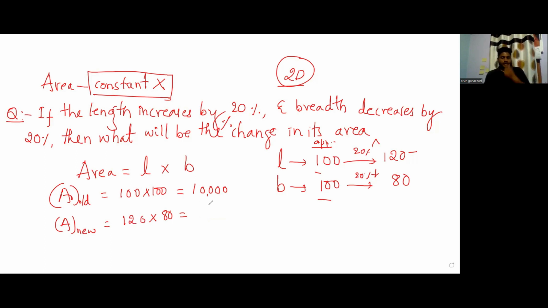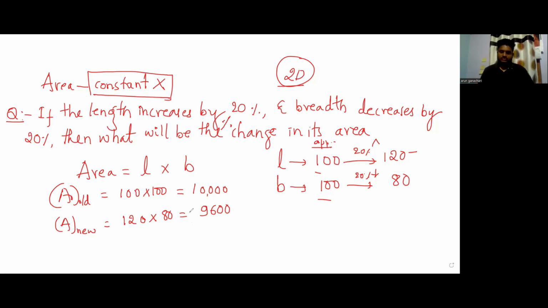What is 120 into 80? 12 into 8 is 96, then 2 more zeros, 9,600. Understanding the concept till here? Try to understand the concept, then we can increase the speed.